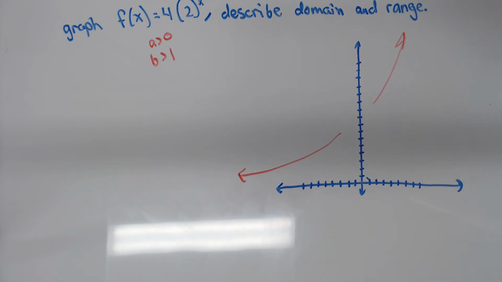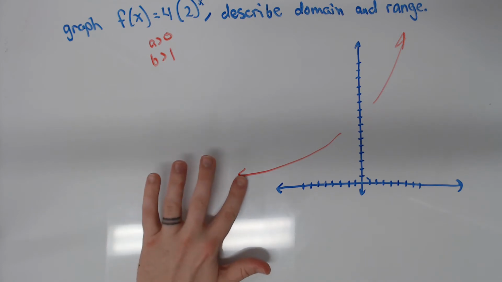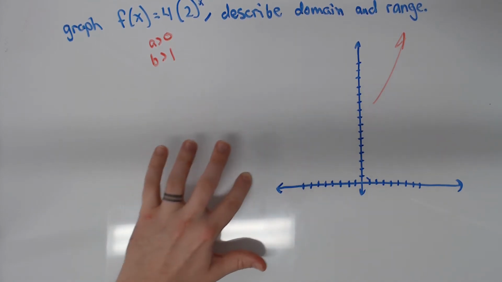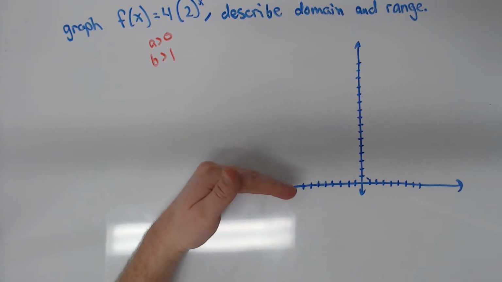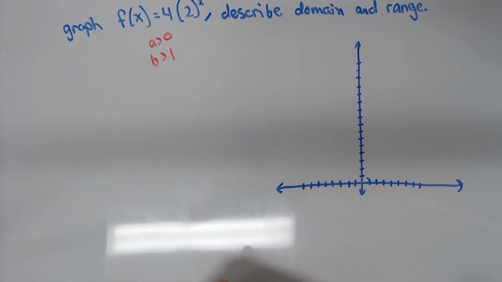Without even knowing where any of the points are, I'm just doing that. That's the picture I have in my mind. That's what it should look like, which is why I made my coordinate grid have nothing below the x-axis, because I should never plot any points under there when a is positive.